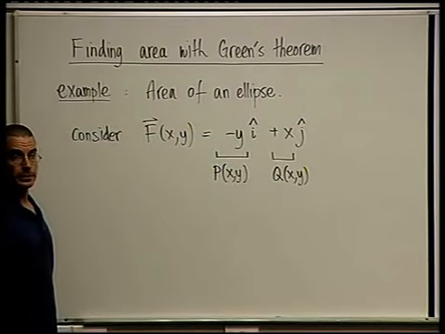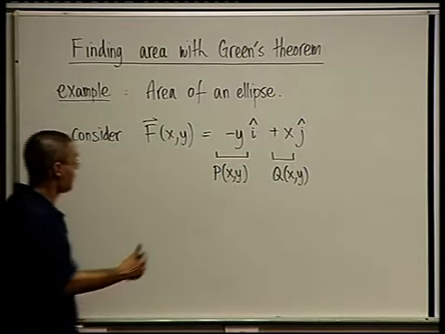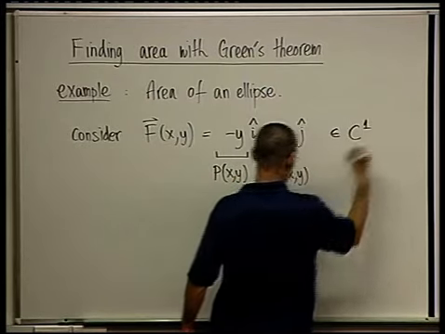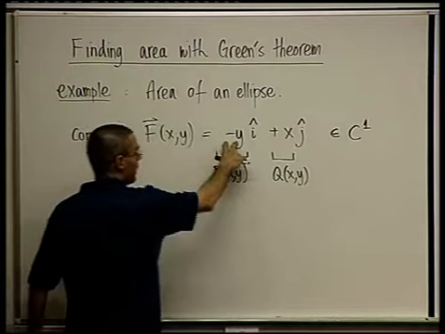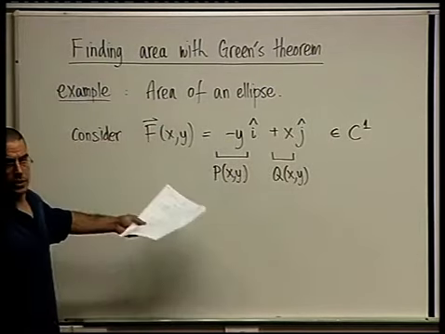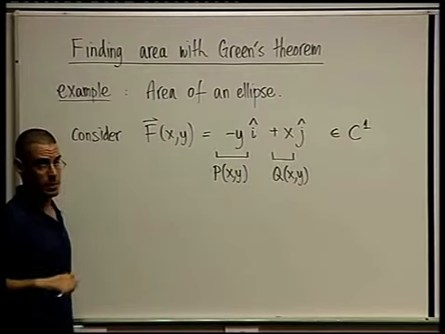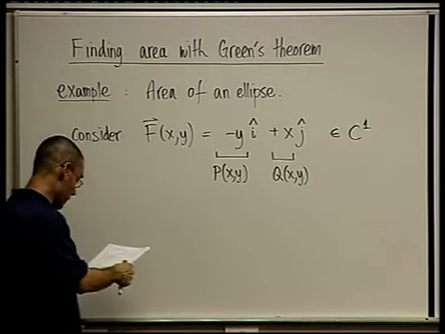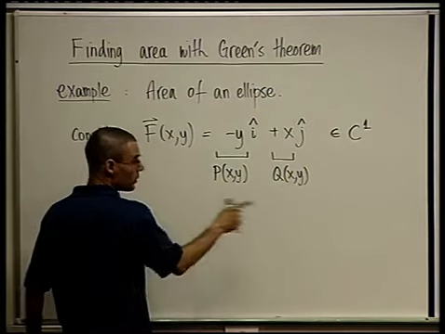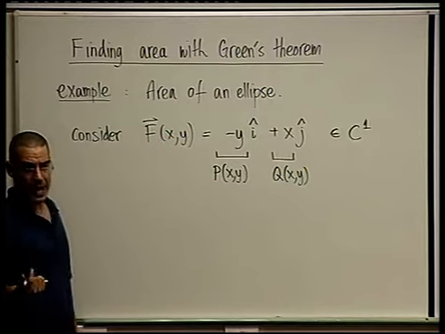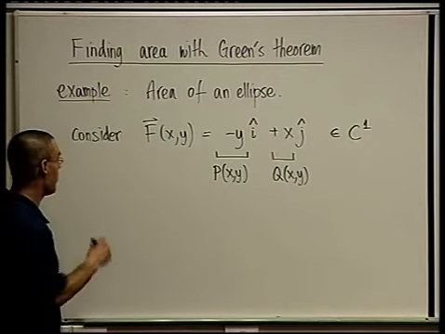Do you agree that this field is clearly in C1, because the partial derivatives of both the function minus y and the function x are continuous, both with respect to x and with respect to y? Okay. So let's write what they are. In order to use Green's theorem, I need the derivative of Q with respect to x and the derivative of P with respect to y.